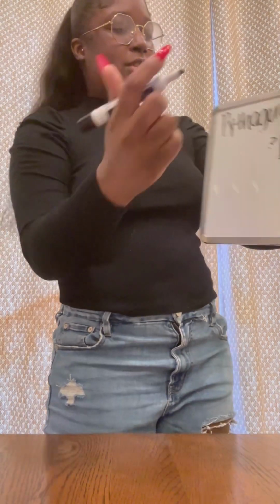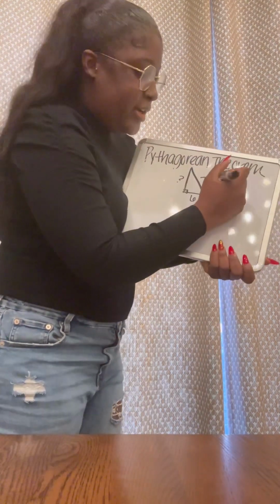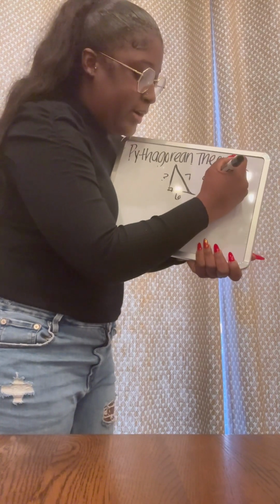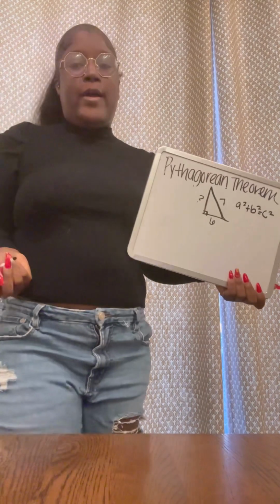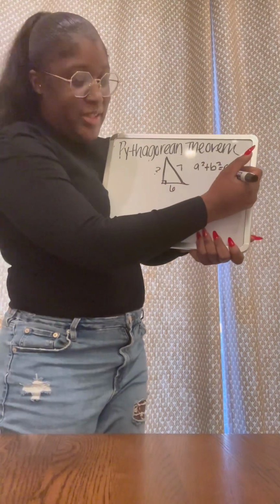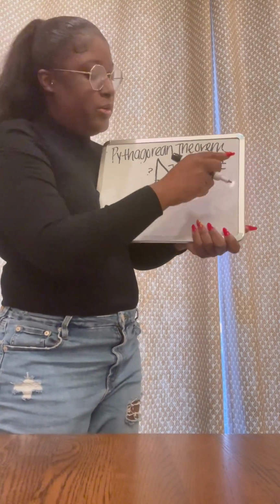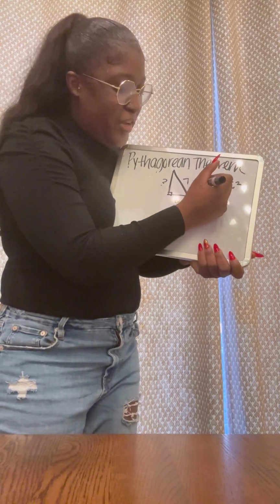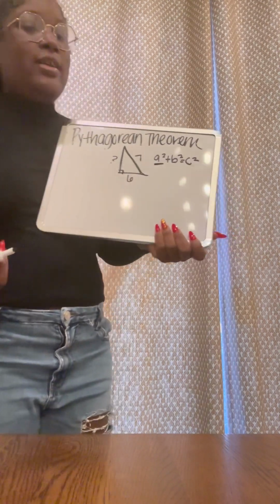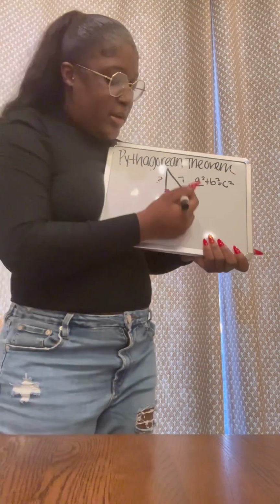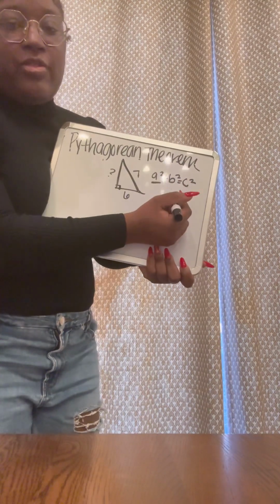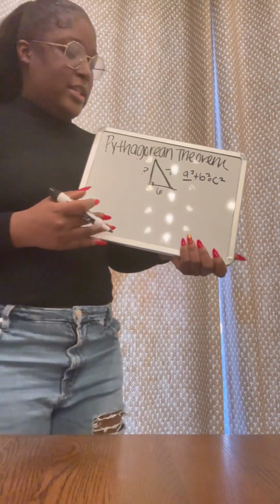Let me write down my formula again, which is a squared plus b squared is equal to c squared, okay? So now we're looking for one of the legs. It can be either or, it can be A or B. So we're going to plug in the numbers to find the missing leg, okay?